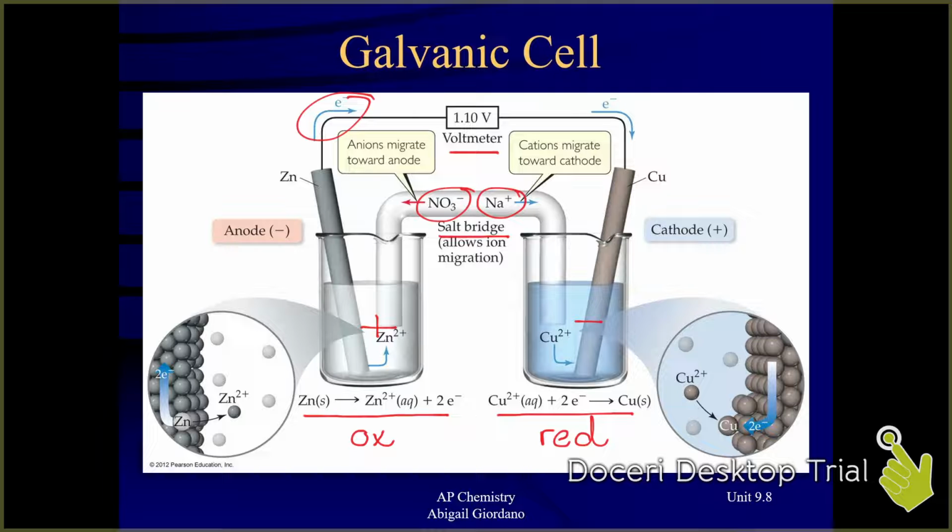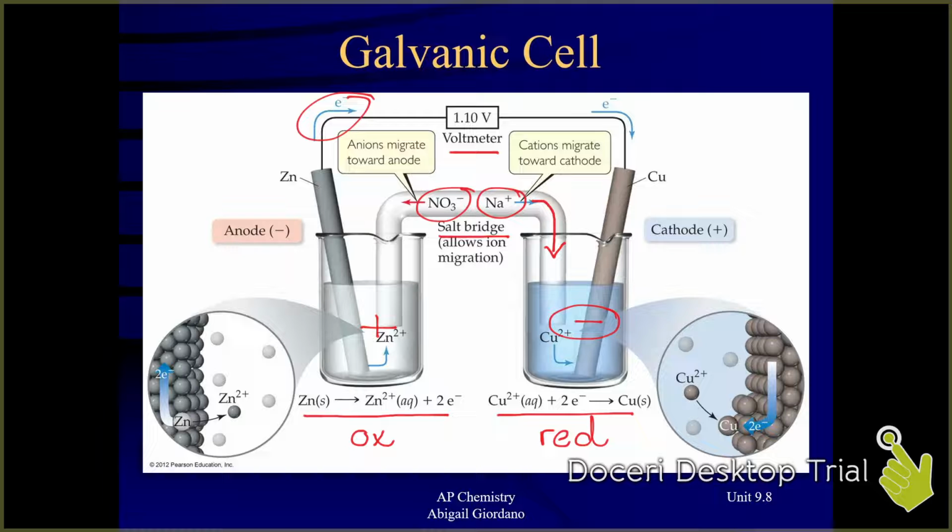Okay, so what? Well, think about it, guys. If we're getting a big buildup of negative charge on the right half cell, a way to combat that would be to have an ion like Na+ flowing into that copper half cell. That would sort of negate that big buildup of negativity on the right.